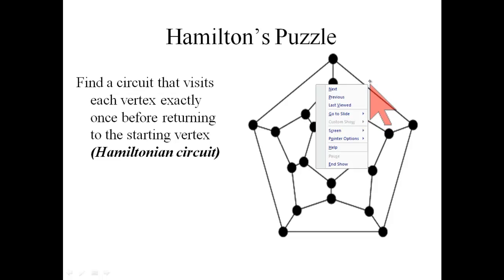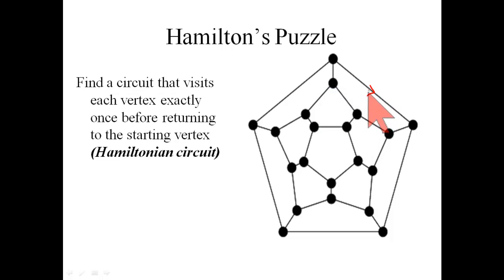Suppose I go along this edge. Now I visited this vertex, and then 2, and then 3. And now you see if I come over here to 4, there may be a problem. I think I had better go in here. 4.